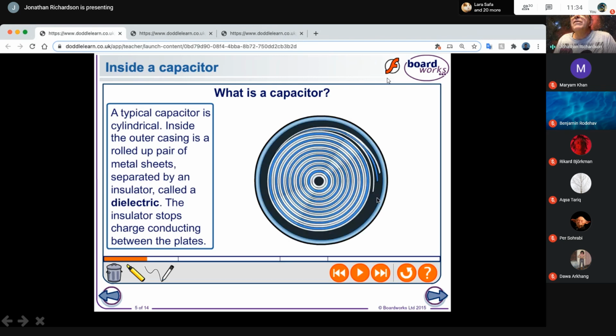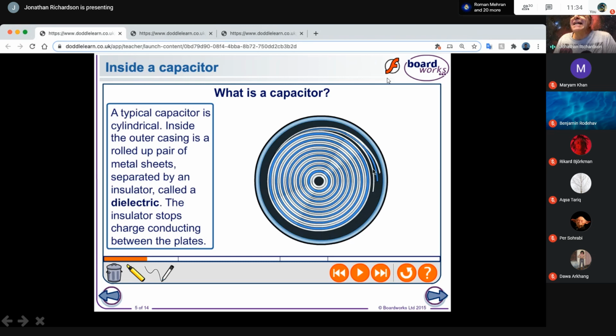What we've got inside here is actually 2 parallel sheets of metal that are, as you can see, wrapped around in a continuous loop. Separating these 2 from each other is what we call a dielectric.